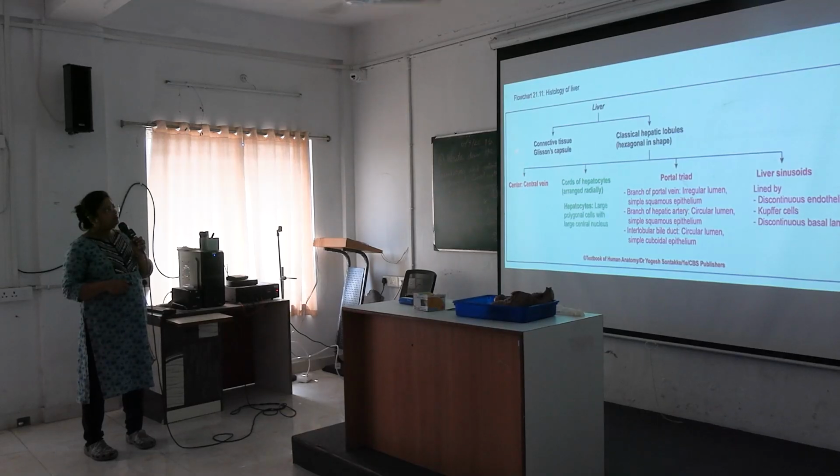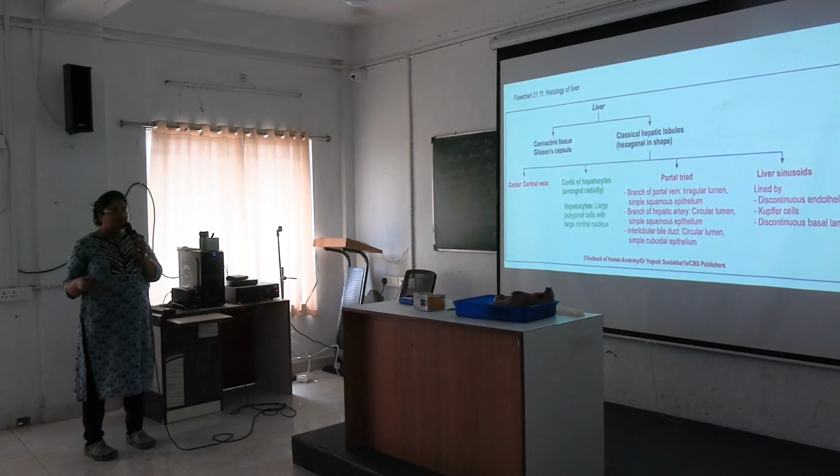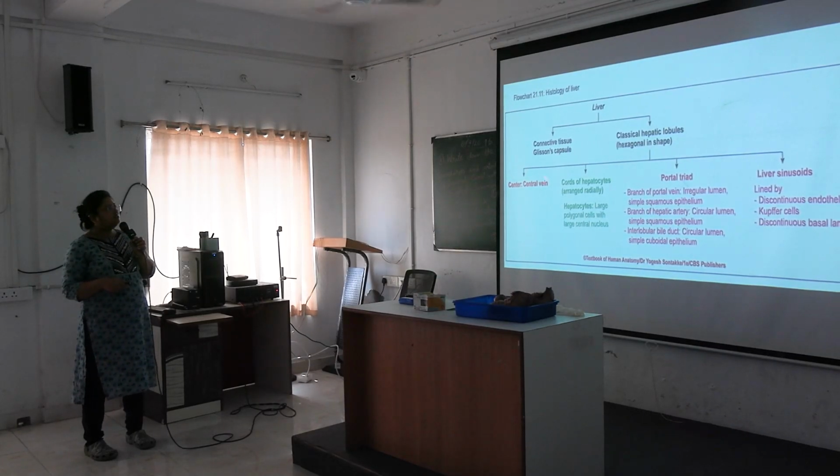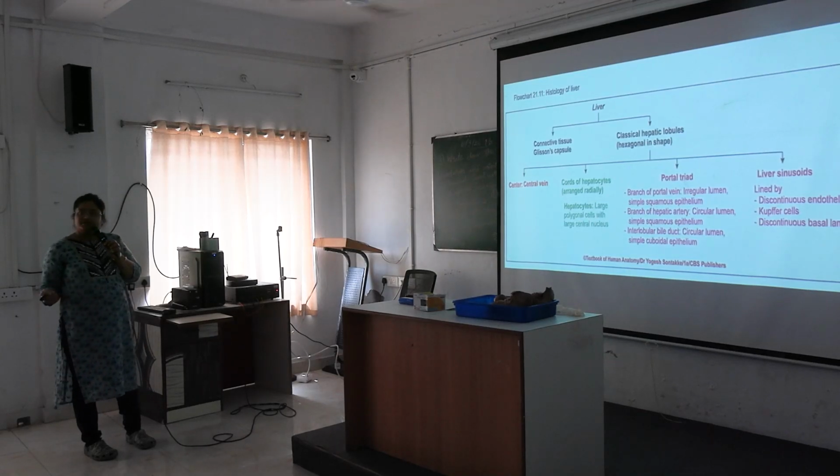The liver is covered by a connective tissue capsule, Glisson's capsule, and it is formed of classical hepatic lobules, hexagonal in shape. At the center there is the central vein, and cords of hepatocytes are arranged radially. Hepatocytes are large polygonal cells with a large central nucleus.